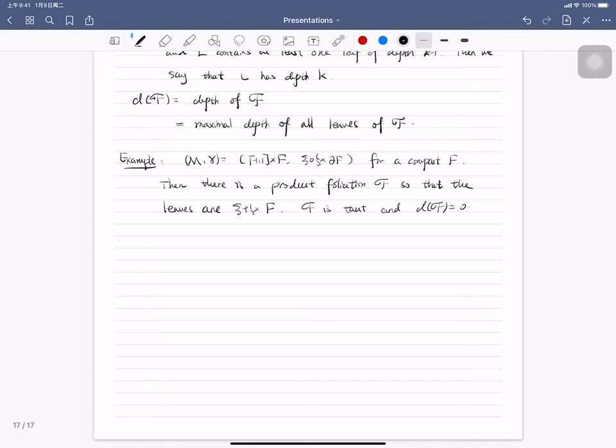The theorem of Gabai says, if M and gamma is taut, then M and gamma admit a finite depth taut foliation.